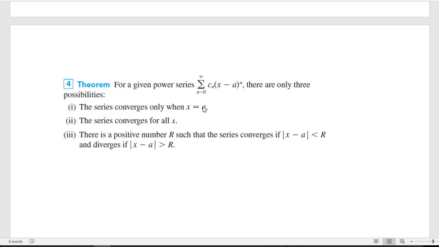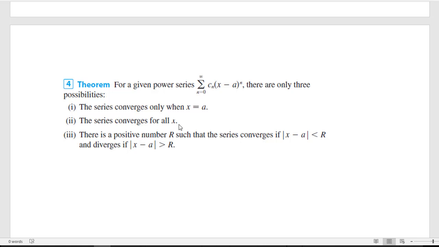Those aren't very interesting. Now, we could have a really awesome result that the series converges for all reals, like our sine series. This is really awesome. We love when we find this result, because then we can use that polynomial to approximate that function anywhere we want, for any x value.